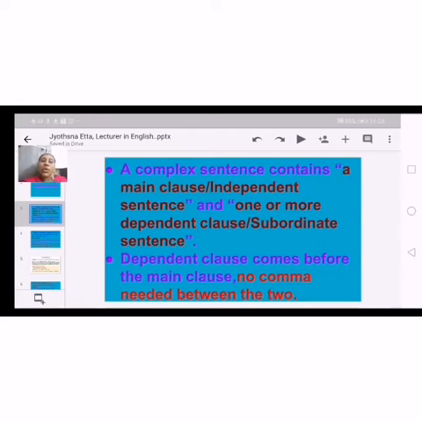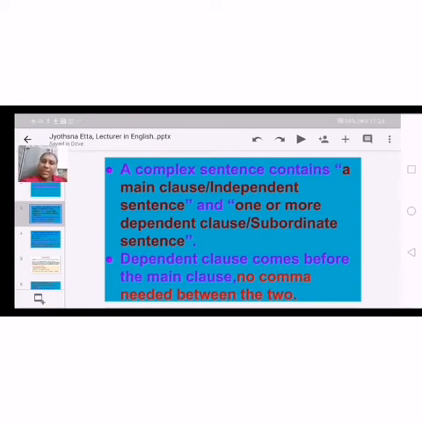Moreover, we should mind one thing: these connectors or conjunctions always come before the dependent sentence, that means before the subordinate clause, not between the two sentences.